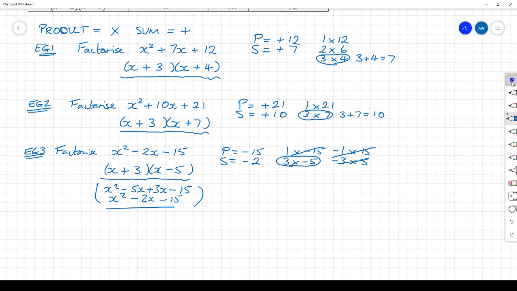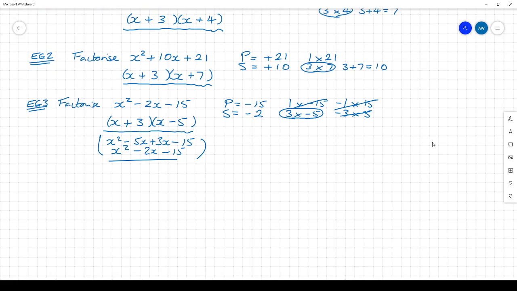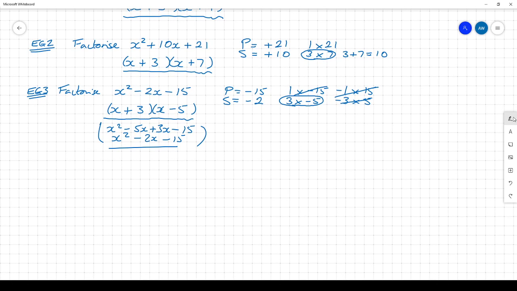Let's have a look at another example where we have a mixture of positives and negatives. So example 4, factorize. I'm going to write it again this time. So I want x squared plus 4x minus 21.